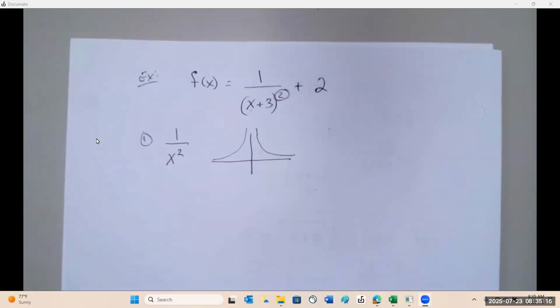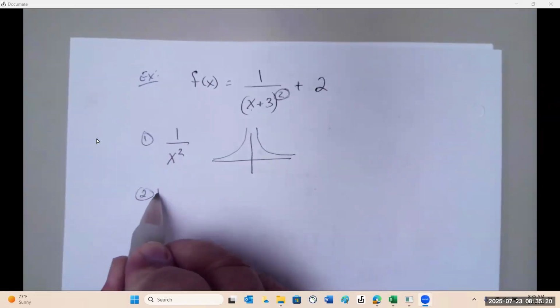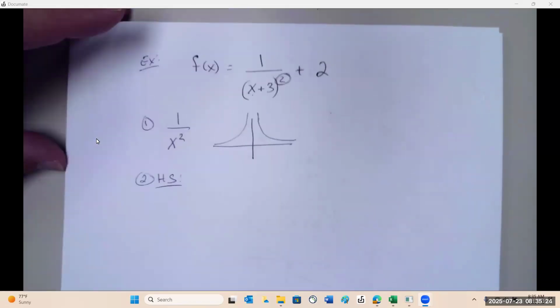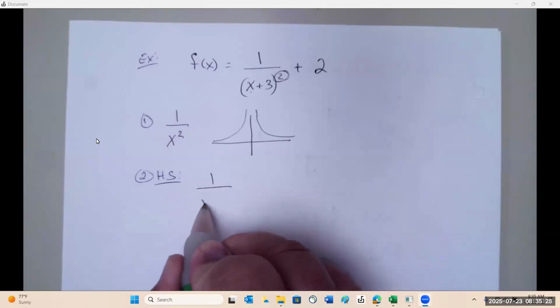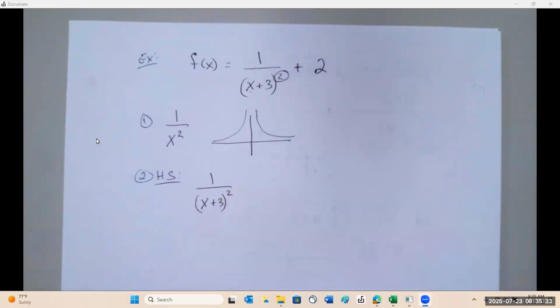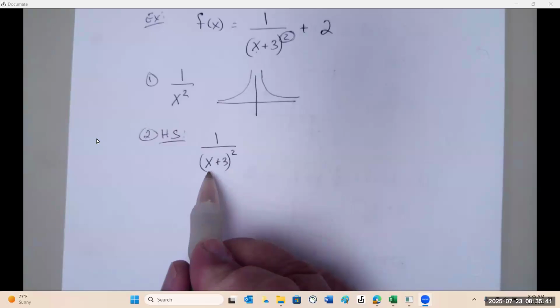Okay, so we have the basic function. We ask, is there a horizontal shift? Yes, because it's inside the function.